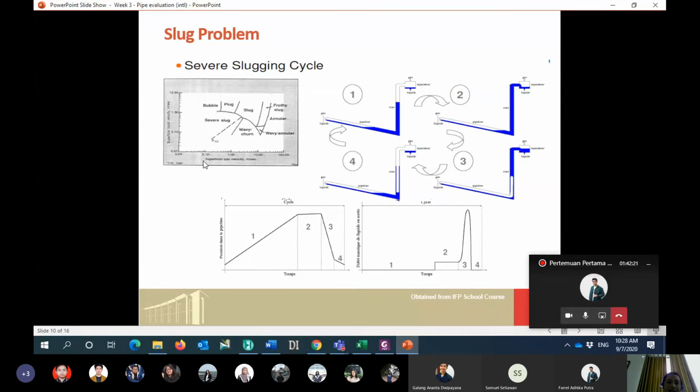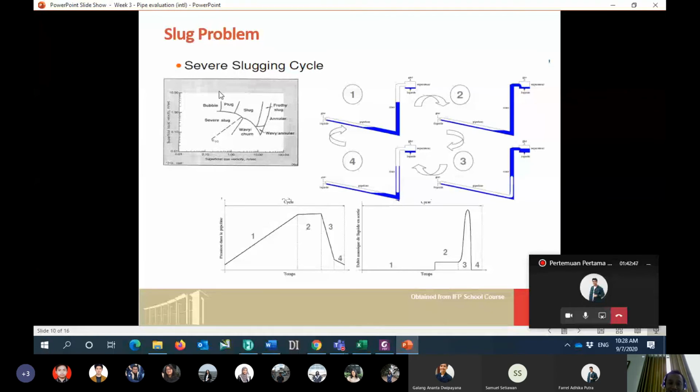How to increase the superficial gas velocity? If you have the same pipe, increase the volumetric flow of the gas. By increasing the volumetric flow of the gas, you will increase the linear velocity of the gas.